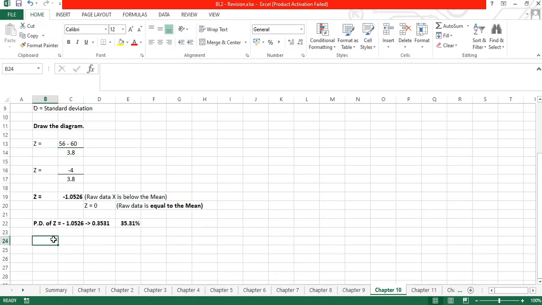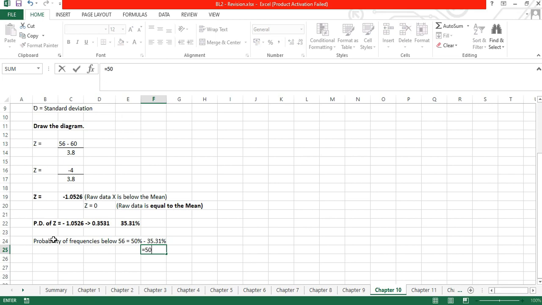So the probability of frequencies below 56 is 50 percentage minus 35.31 percentage, which is equal to 14.69 percentage, or 15 percentage.